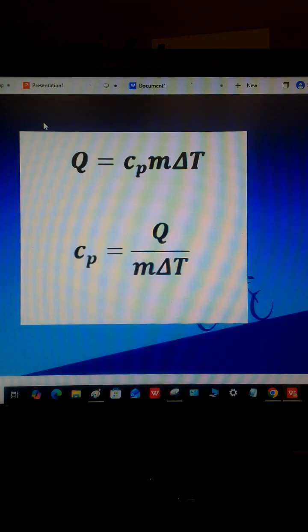Okay, but in the first case, we have not mentioned the mass. So specific heat of a substance is the amount of energy that must be transferred to or from 1 gram of that substance to change its temperature by 1 degree Celsius.